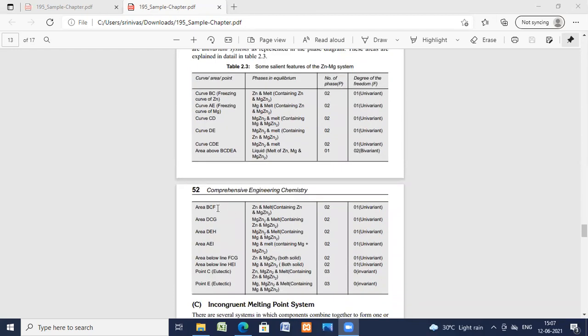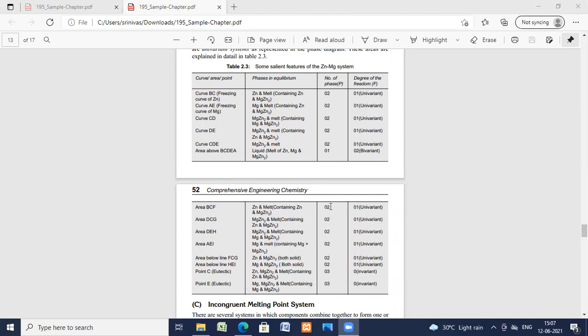Now coming to the areas, as I have discussed, area BCE, zinc plus melt. Area DCG, melt and melt. So the phases are 2. Again for BCF, phases are 2, C is 2.